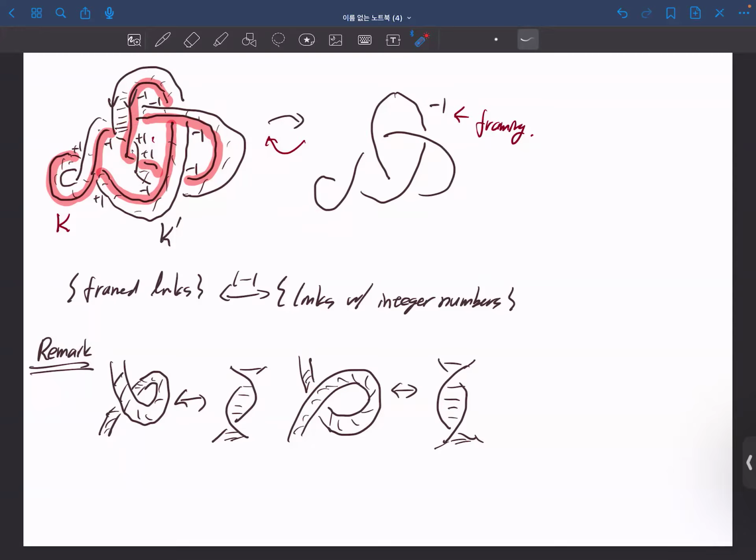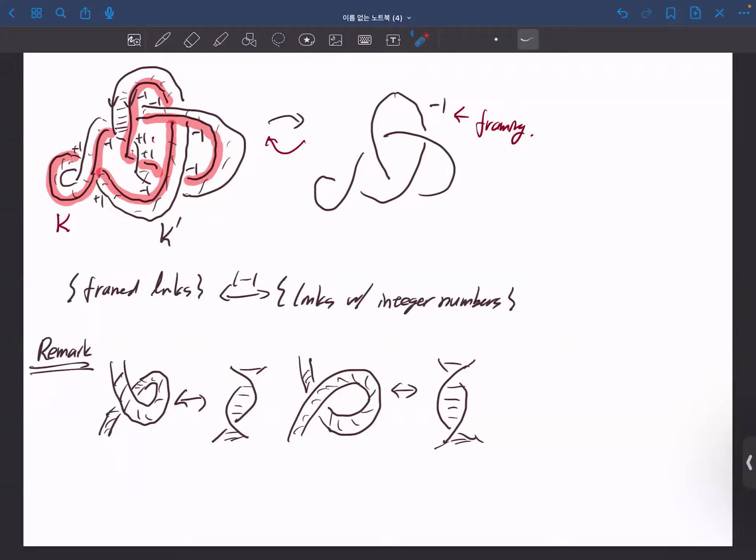To be honest, simply speaking, it is not difficult, but it is a little bit awkward. We don't want to make such labor to obtain framed links.